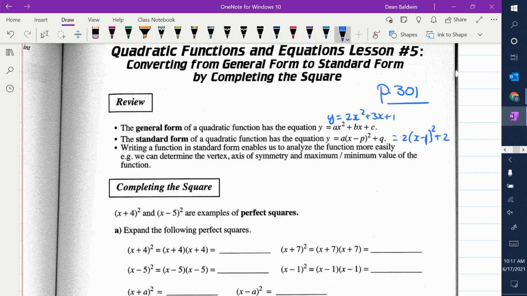What are the advantages of the standard form? What information does the standard form tell you? It tells you p and q, which is the what? Yes. So the standard form gives you the vertex.